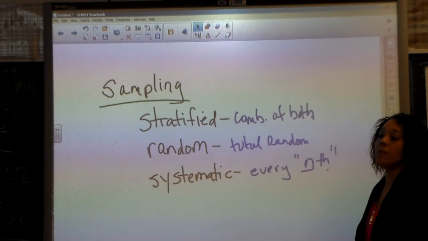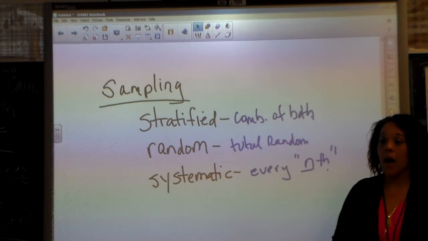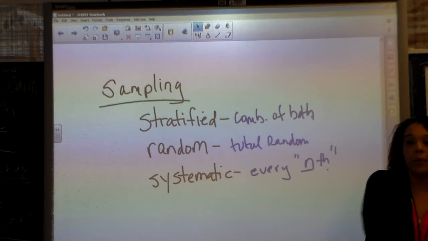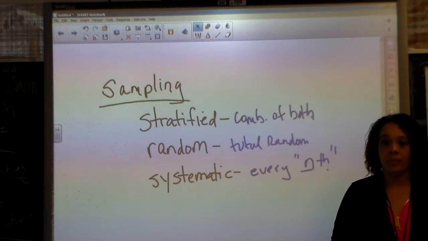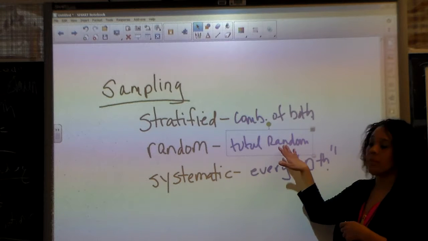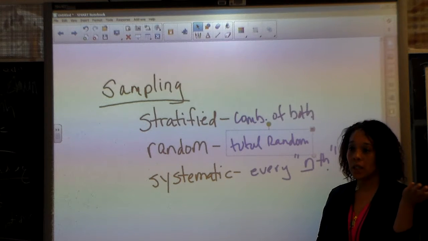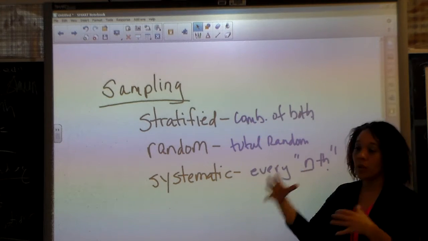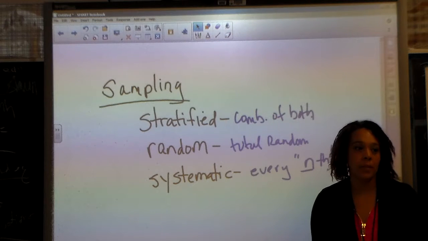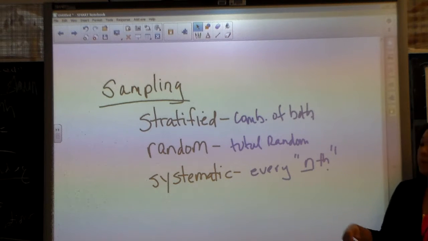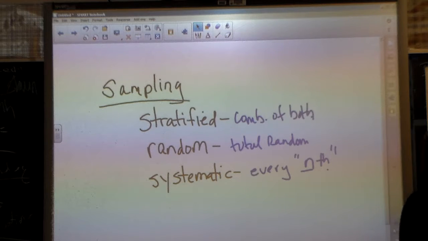So I take everybody's name in the school, I put it in a big box, I shake it up, and I pull out 10 names. Random? It's going to be random, because it's totally random who got in there. It's kind of stratified because I only chose one population, but for our purpose here, it's going to be random sampling. I just randomly pulled out a couple people, and whatever they said were my answers.